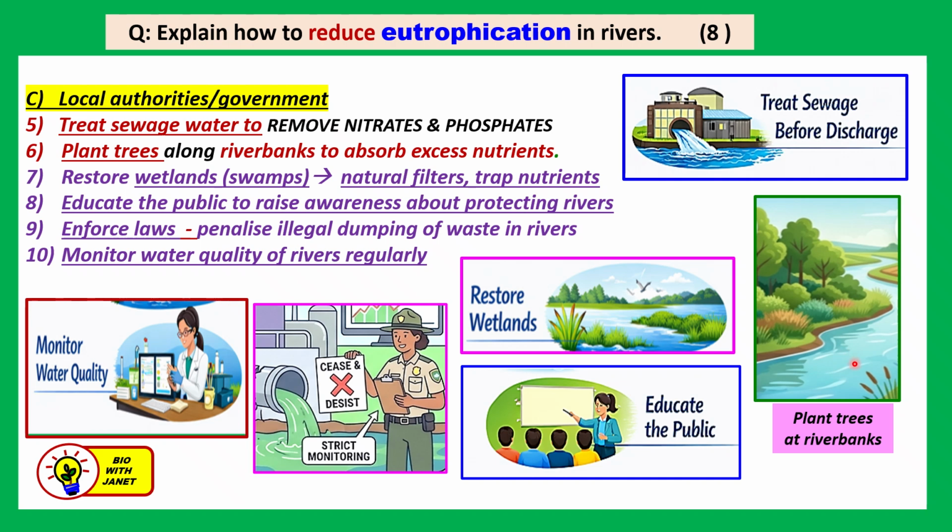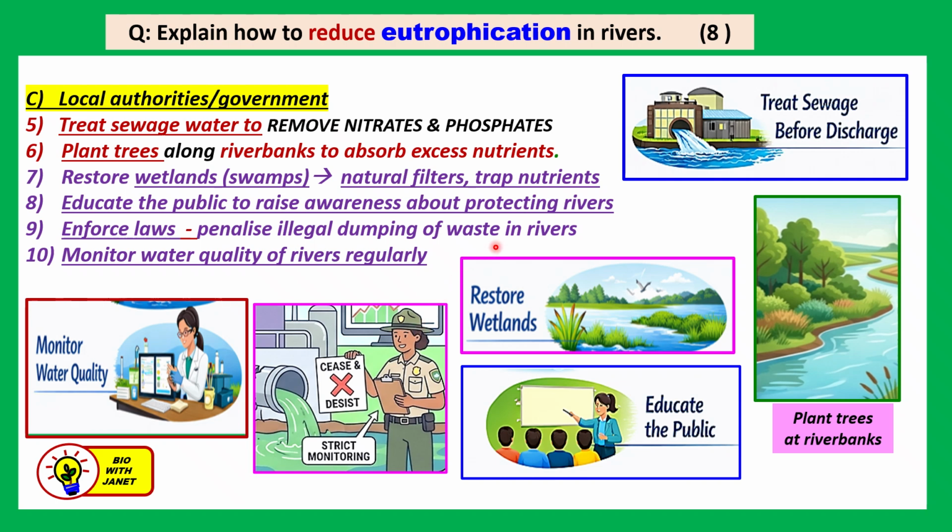Thirdly, restore wetlands or swamps which act as natural filters to trap the nutrients. And fourthly, educate the public to raise awareness about protecting rivers so that the public will not simply throw organic matter into the rivers. And fifthly, enforce laws to penalize illegal dumping of waste into rivers.